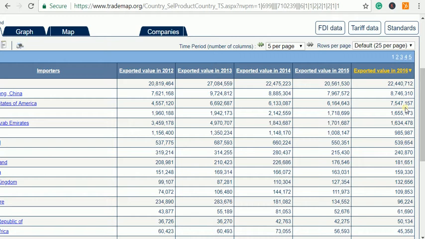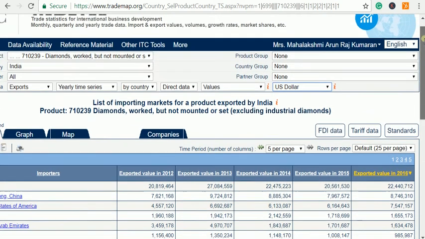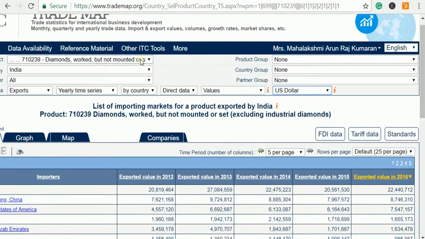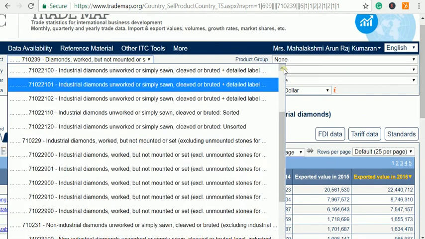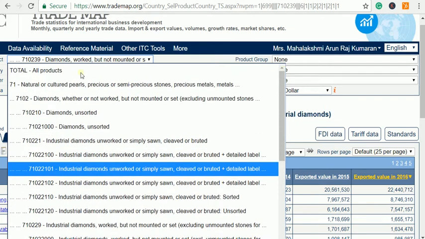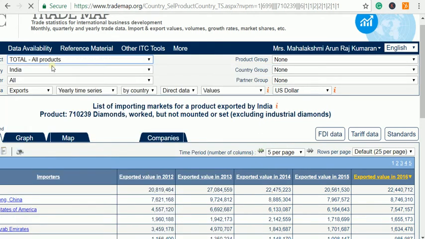So this shows that in this particular year, diamonds worth this amount have been exported from India to United States. These values given are in thousands of dollars. So for example, if we want to check some other product, here you can click on product values and choose total all products.